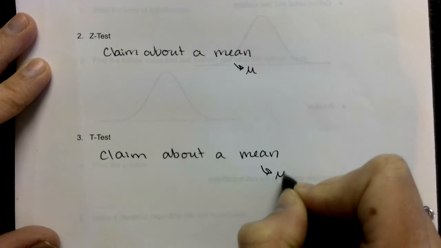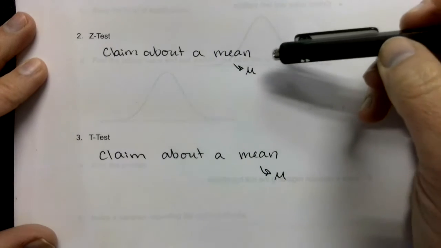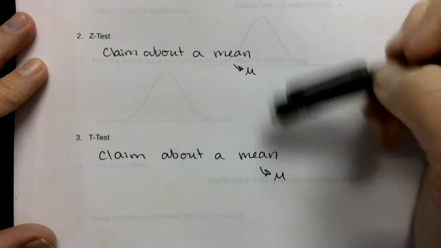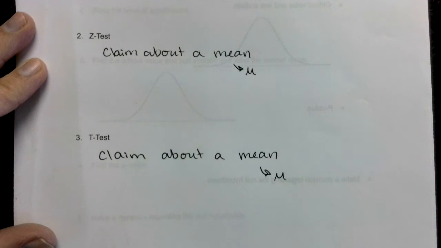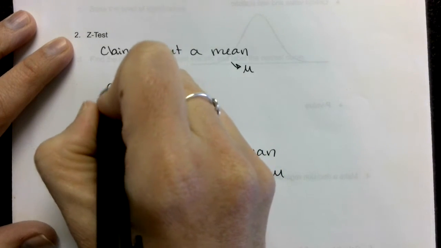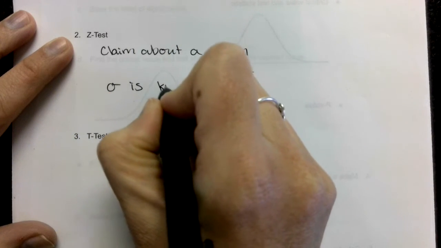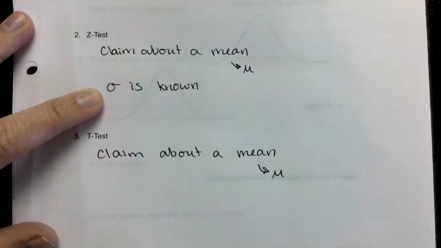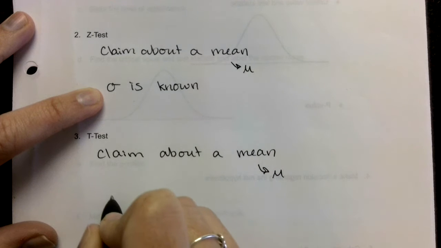So what we need to be able to determine is, when we're dealing with a claim about a mean, how do we tell the difference in these two? It's much like when we did confidence intervals. A Z test matches a Z interval, so sigma is known, and sigma, again, is your population standard deviation.